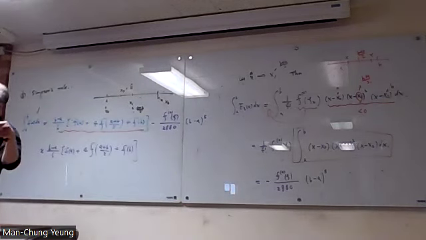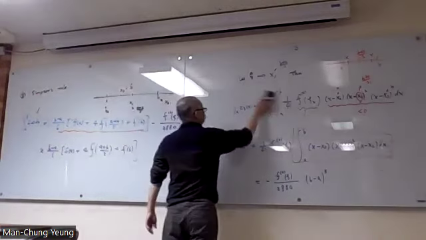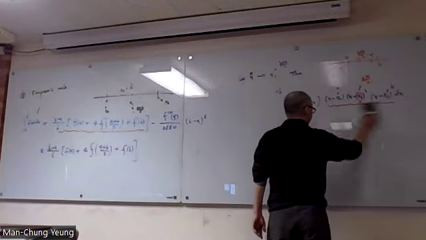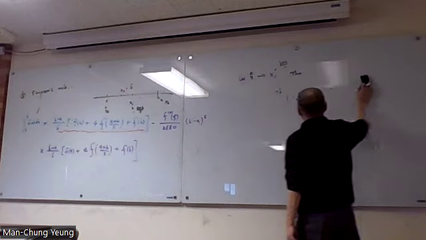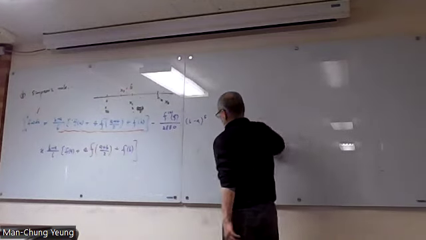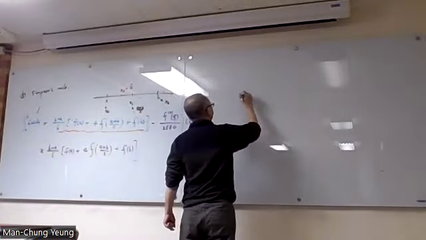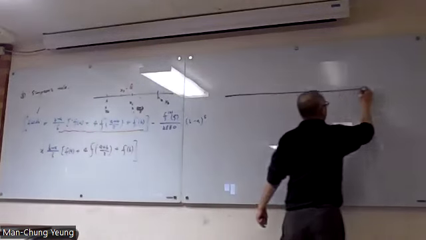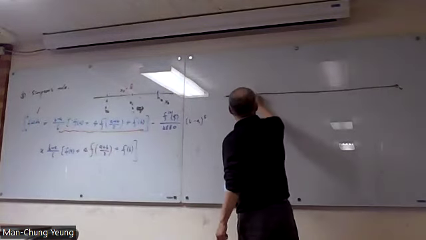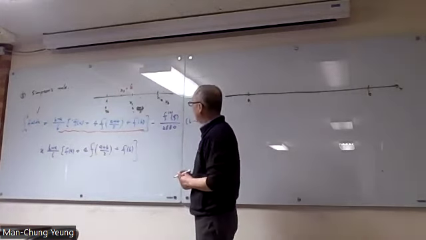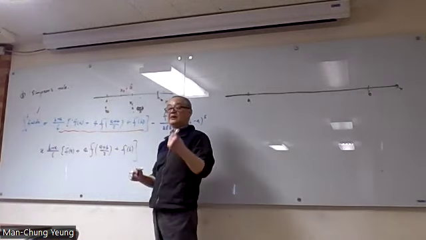Now, how to handle a large interval AB? Cut the interval into subintervals. A, B. Simpson's rule is not like the trapezoid rule.